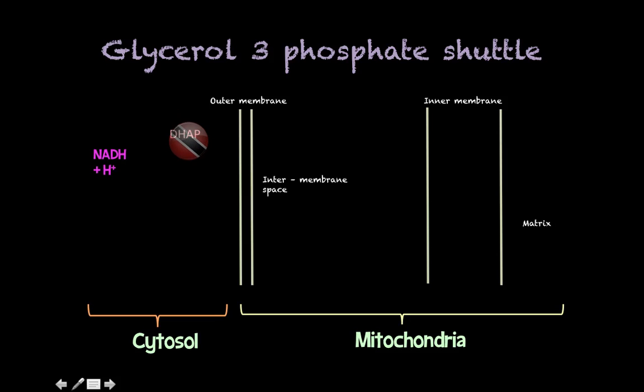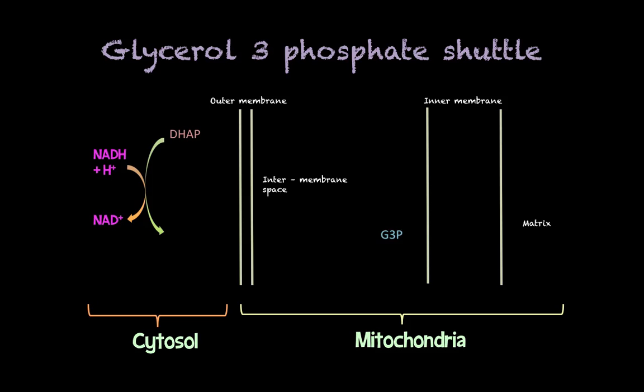So DHAP, which is dihydroxyacetone phosphate, reacts with NADH plus H plus to give you NAD plus and glycerol 3-phosphate. The glycerol 3-phosphate that is formed in the cytosol then enters the mitochondria.